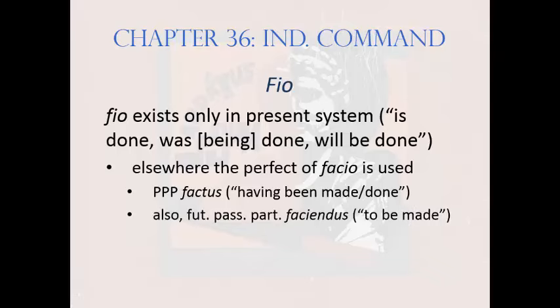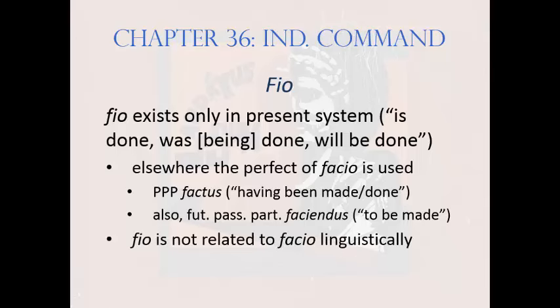This includes the future passive participle, the gerundive, faciendus, meaning to be made or done. And I know you're all wondering, so I'll answer your question right now. It's true, fio and facio look a lot alike, but they're not related linguistically, making the whole fio-facio verb a composite conjugation, like fero or volo.